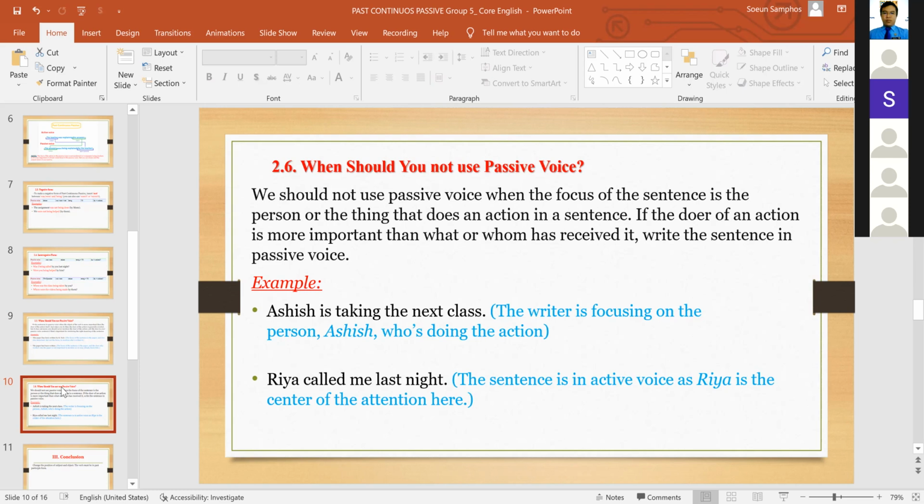For example, Asis is taking the next class. The writer is focusing on the person, Asis, who is doing the action. For the second example, Reya called me last night. The sentence is in active voice, as Reya is the center of attention here.